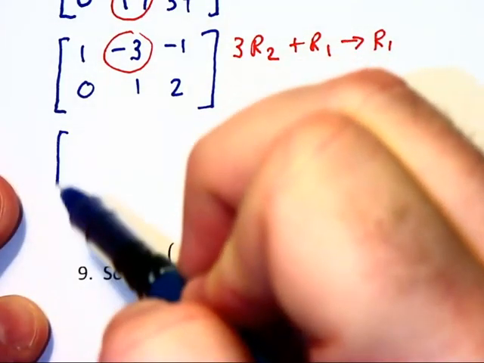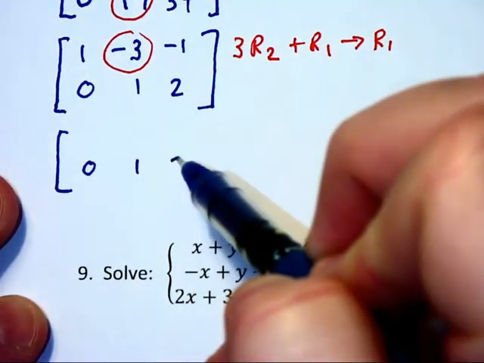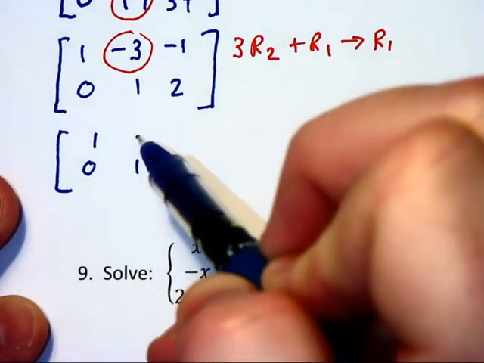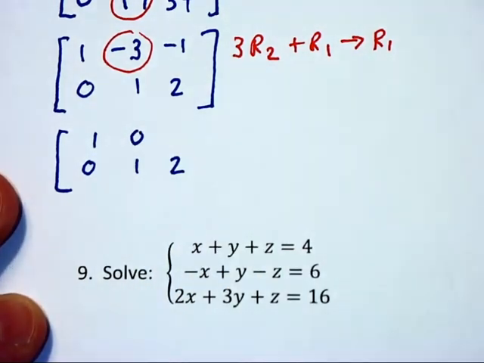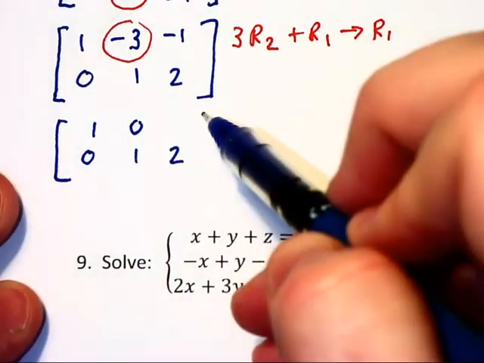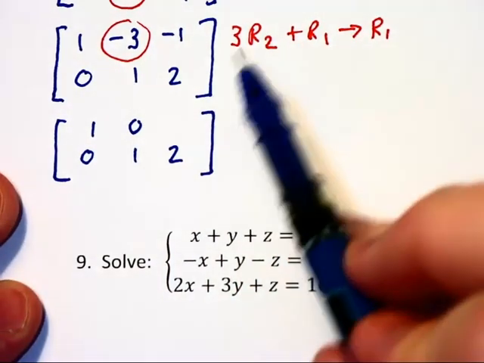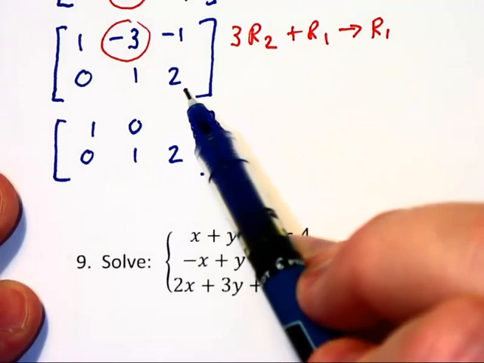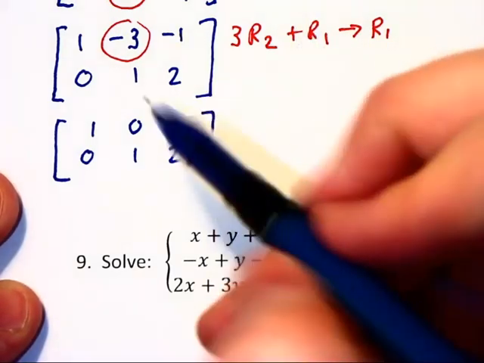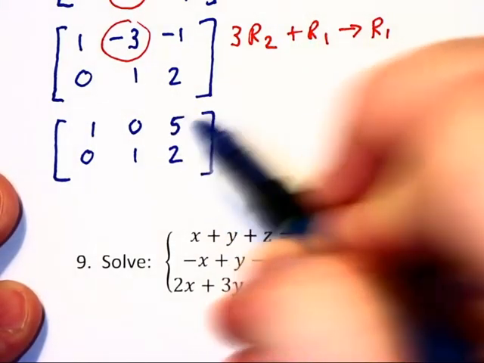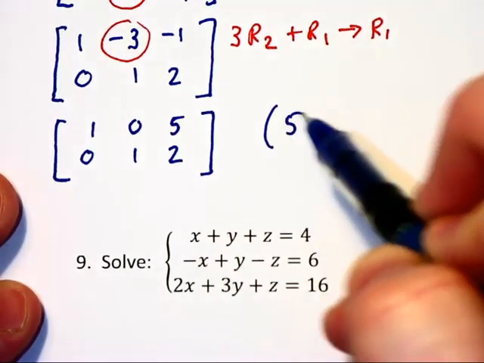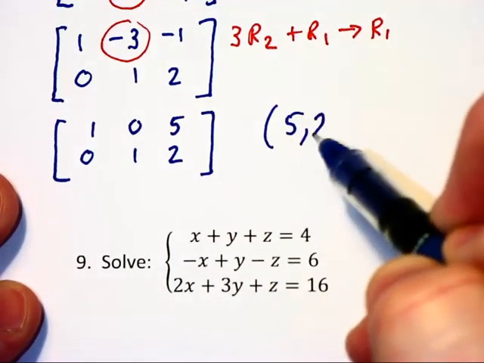Doing this will leave the second row unchanged as 0, 1, 2. The first equation will begin with 1 and 0, so all we really need is that one last position. 3 times 2 is 6, plus that -1 makes 5, and we can read off our solution set, which is 5, 2.